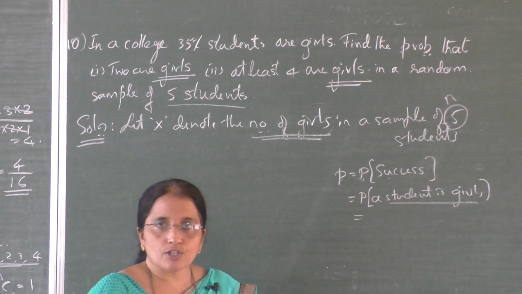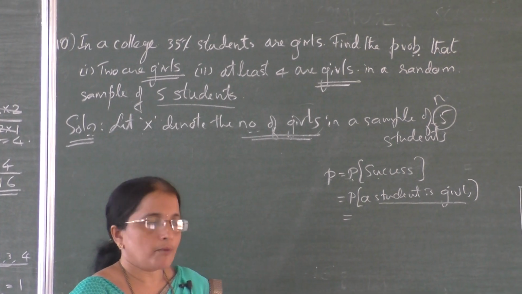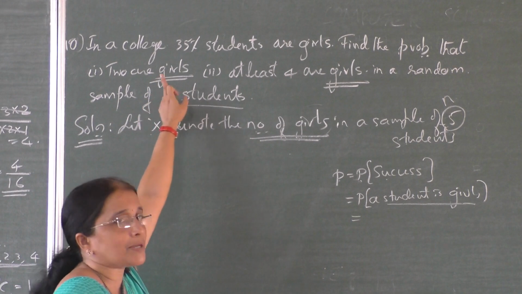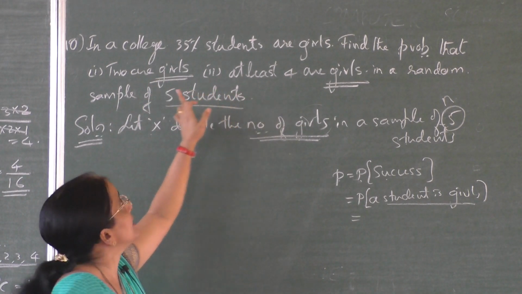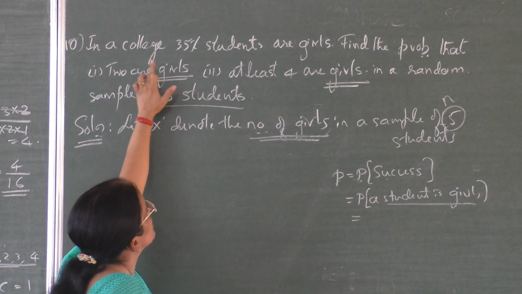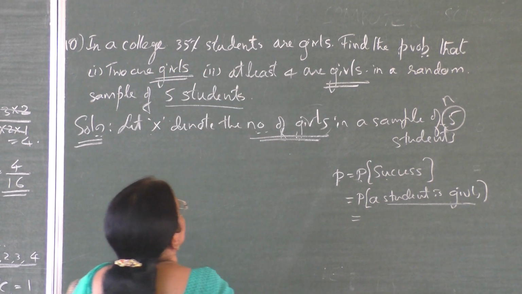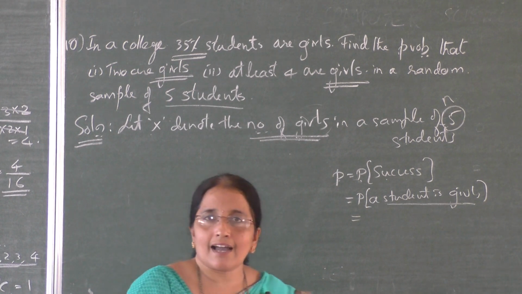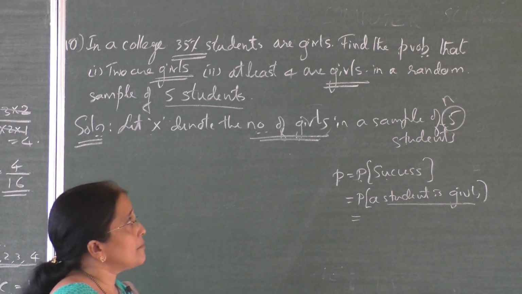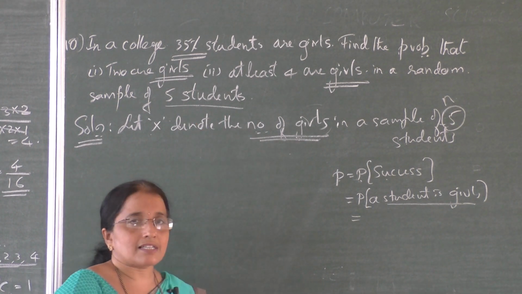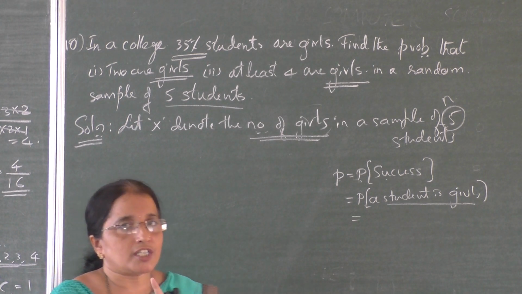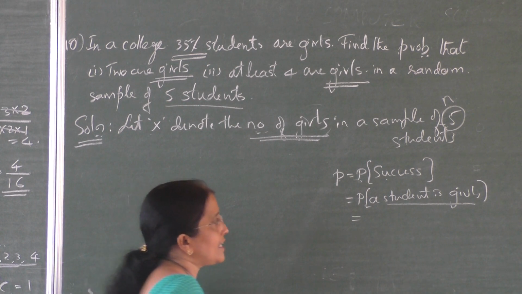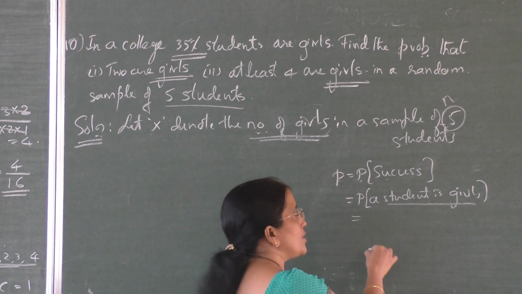Should we write here 0.5 or half? No, because some information is given with regard to this at the beginning of the problem itself. It is given that in a college 35% students are girls. Right? So, suppose a class has 100 students. The given information says among 100 students 35 are girls. So, that information we have to use to write the probability that a student is a girl.